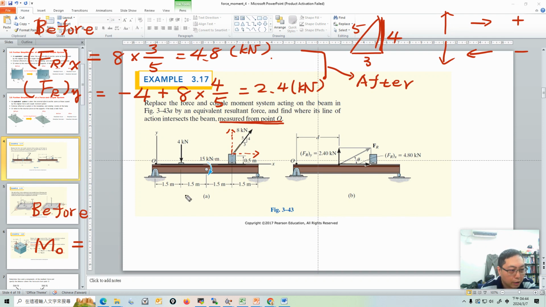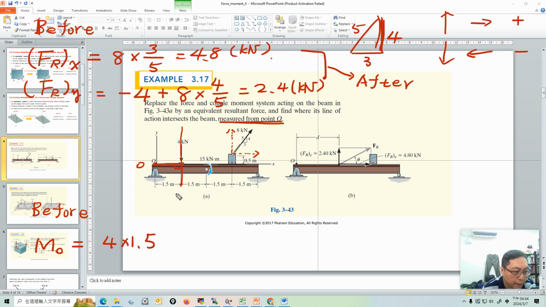First of all, the force is 4 kilonewton pointing down, and the reference point is here. In the scalar formula of the moment, we only need to know the magnitude of the force and the lever arm. The lever arm is measured from the line of action of the force. It's 1.5, so it's 4 times 1.5.